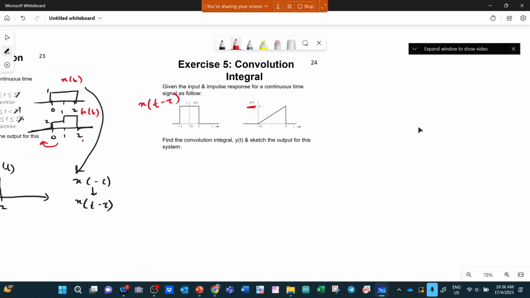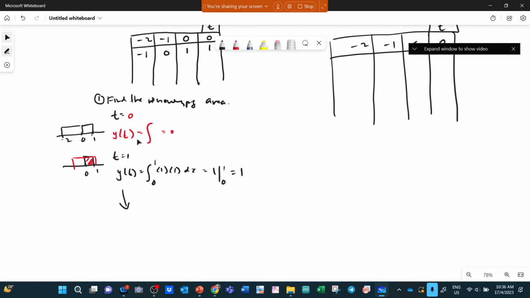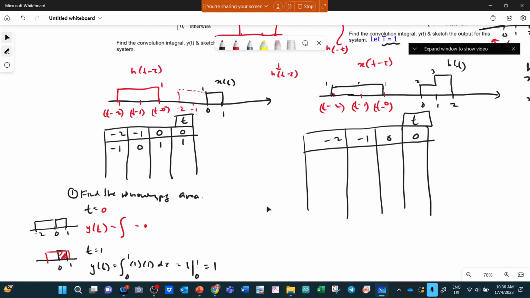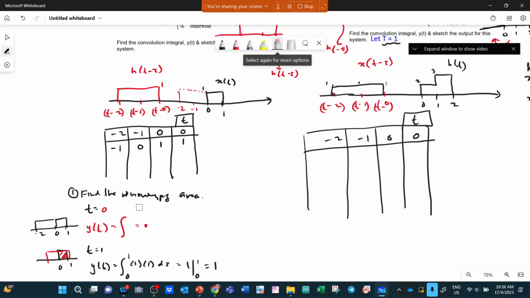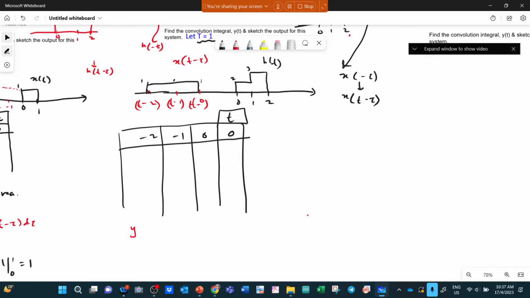Forgot to mention here, in the first equation, if I were to write the full equation, the one that you fix is xt, so minus infinity to infinity x tau h t minus tau, because the one that you shift is h minus tau. For the second exercise, the equation for yt is the integral from minus infinity where the one that you fix is ht. So it is reversed, ht in front: h tau x t minus tau d tau. Don't get that wrong. For this case, gt is fixed, so yt is the integral from minus infinity to infinity.